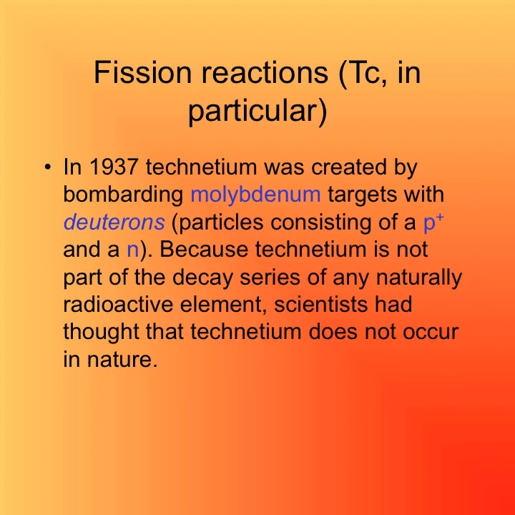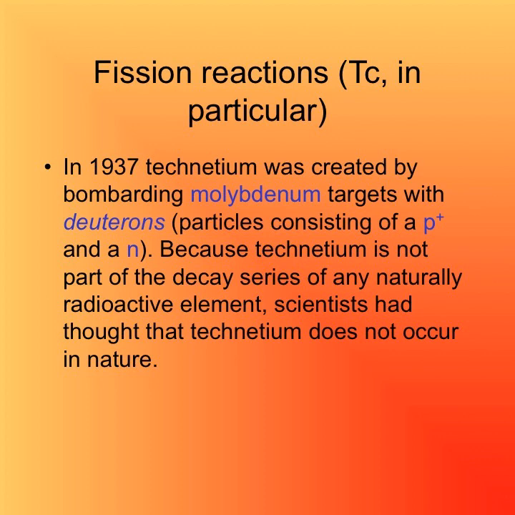In 1937, technetium was created by taking molybdenum and hitting it with deuterons, which are particles that are some protons and a neutron. Technetium is not a part of what's known as a decay series of any radioactive element. So we hadn't seen it before. There was a blank spot in the periodic table at atomic number 43, so we just thought, that's really weird. I guess we just have this synthetic element sitting in the middle of the periodic table.